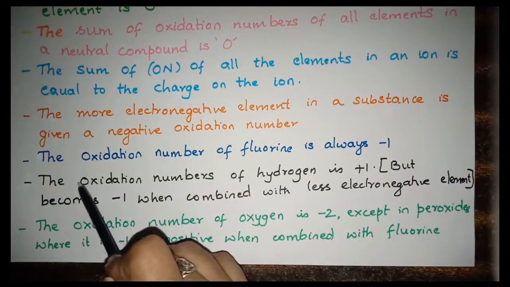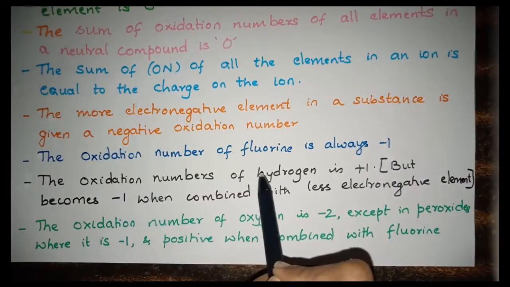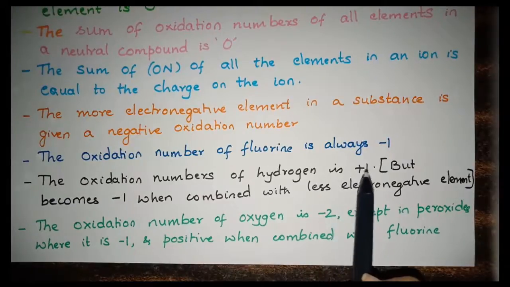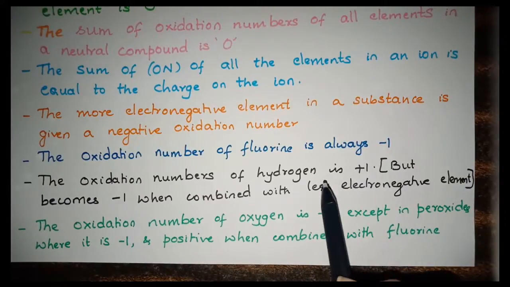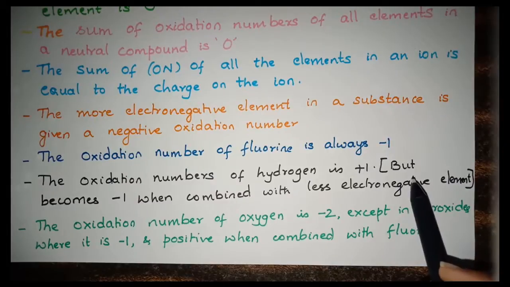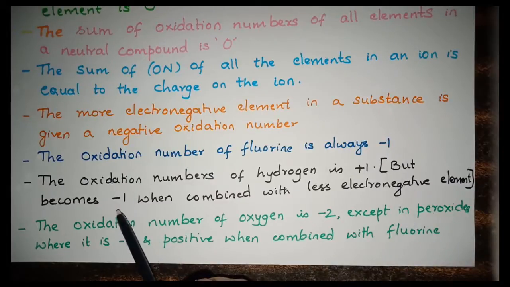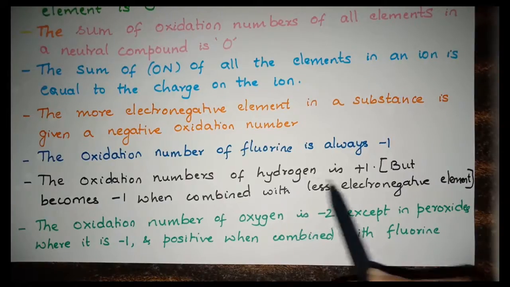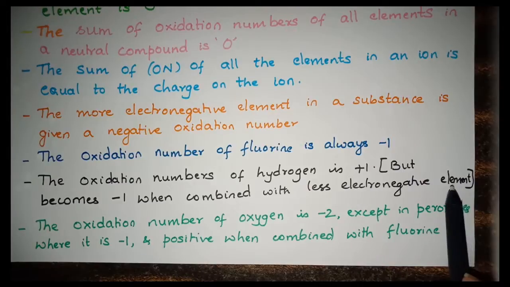And then we talk about the oxidation number of hydrogen. See here, the oxidation number of hydrogen is always +1. Okay, but sometimes you can see that it can become -1. Now when can it become -1? Only when this hydrogen is combining with a less electronegative element.